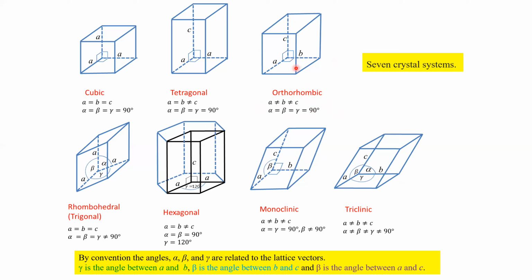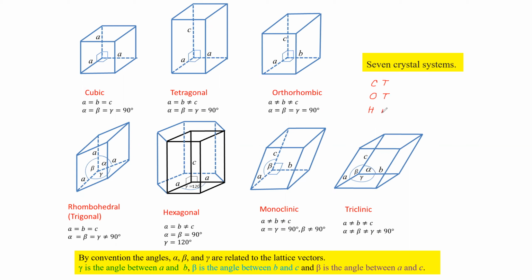Okay, now let's write down the 7 crystal systems. How can we remember all the names? This is C, T: cubic, tetragonal; O, T: orthorhombic, trigonal; and H and M. You know this brand, right?